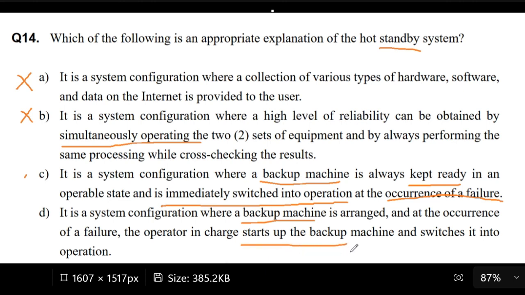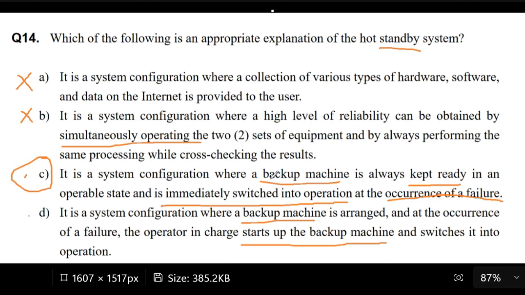So it's not automatically done, it's not immediately done. So in this case, letter C and letter D seem kind of similar, but at the end, we would have to go with letter C as the correct answer.